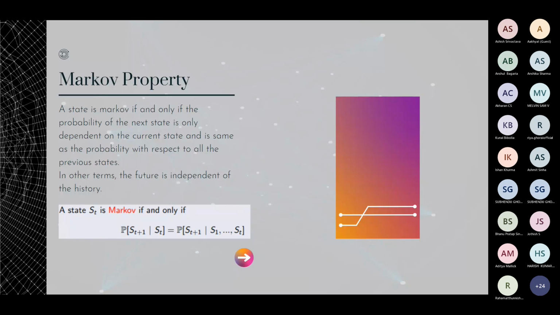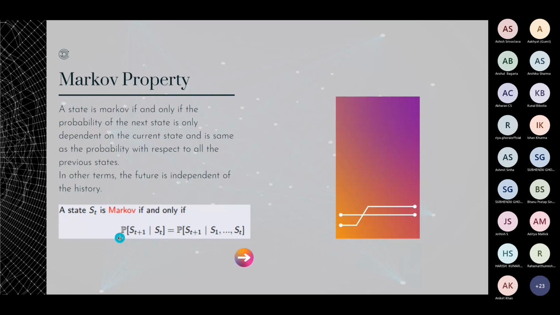So in RL, usually the states tend to have a Markov property. That is, the next state which you're going to go in is only dependent on your present, that is the current state, and is nowhere dependent on what the previous states were. So the probability of the next state based on the current state would be the same as the probability of the next state if you were to consider all the states that you have been in.